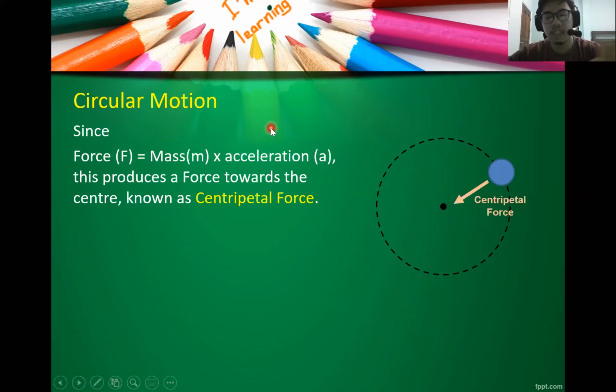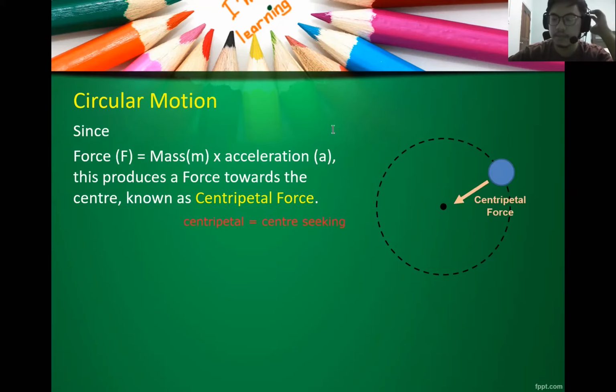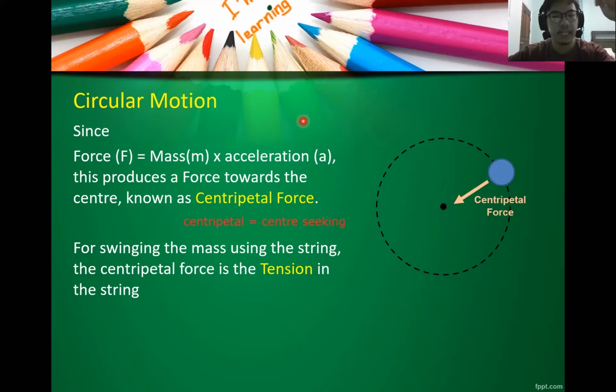This force is known as the centripetal force. The word centripetal means center seeking. In other words, it's pointing towards the center. For swinging the mass using the string, the centripetal force is the tension in the string.